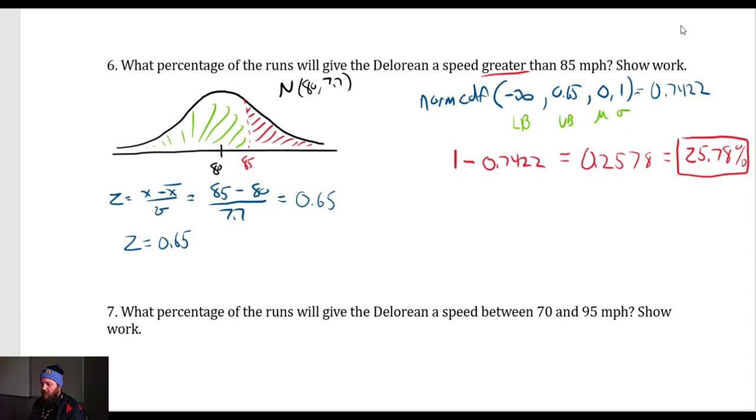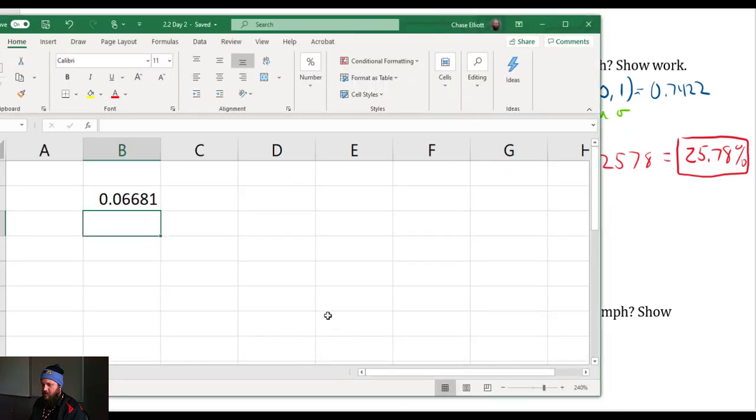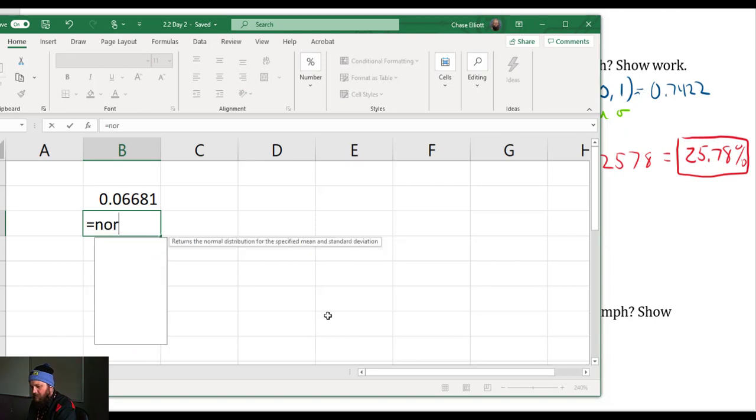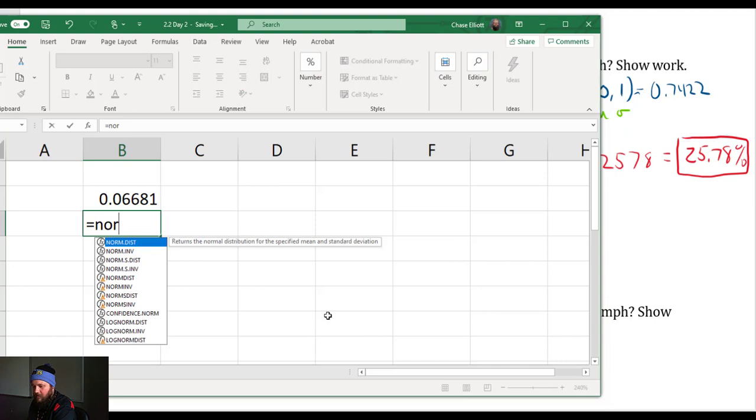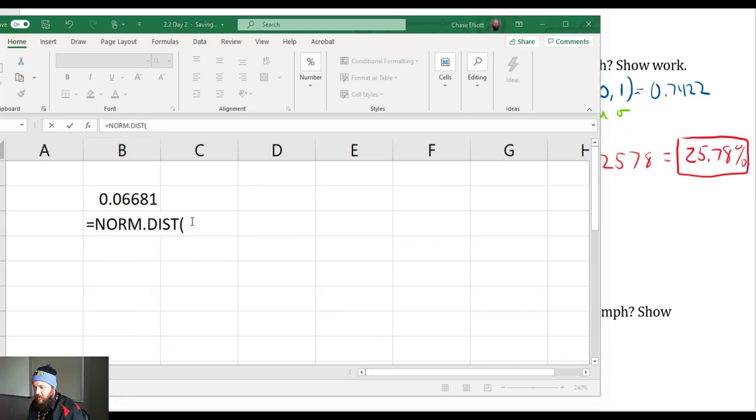All right, so now there is another way you can do this. Before I tell you that, on the spreadsheet, if you're using the spreadsheet version, equals NORM.DIST.